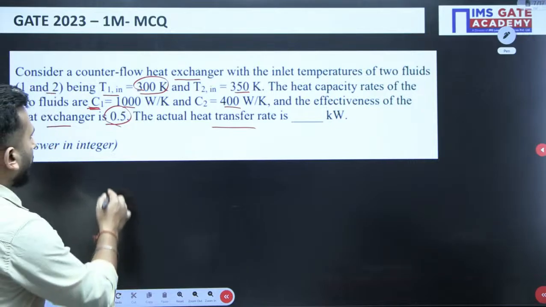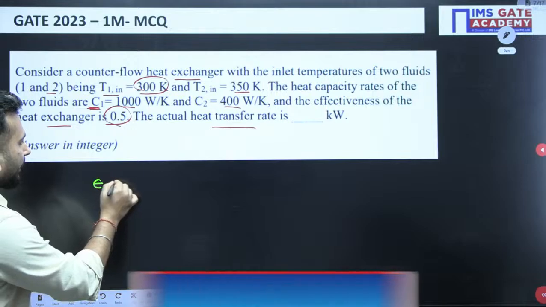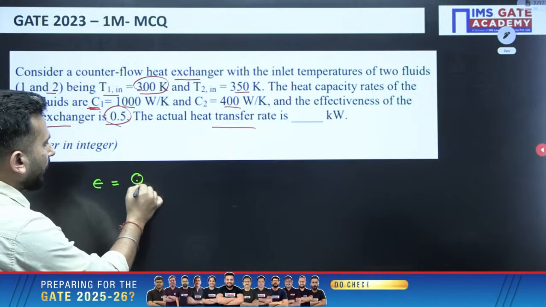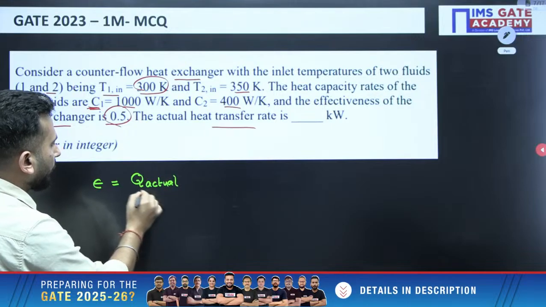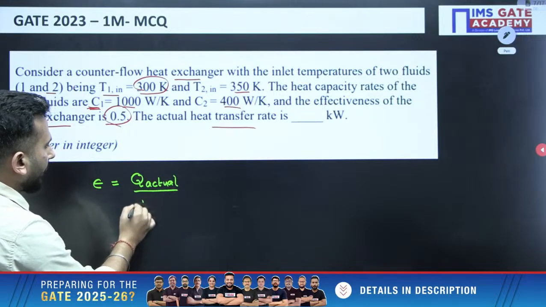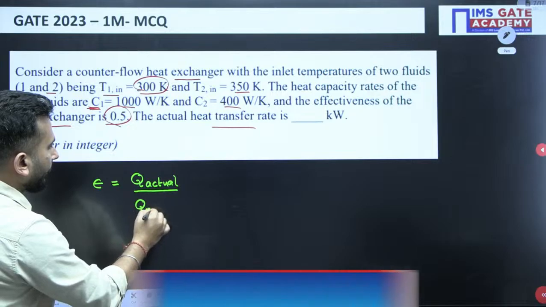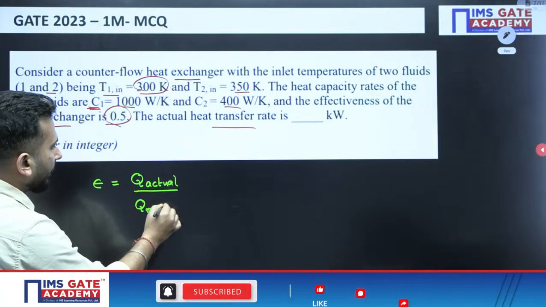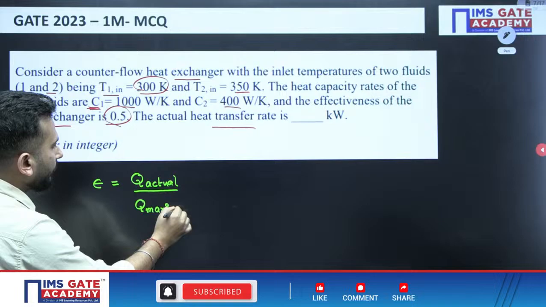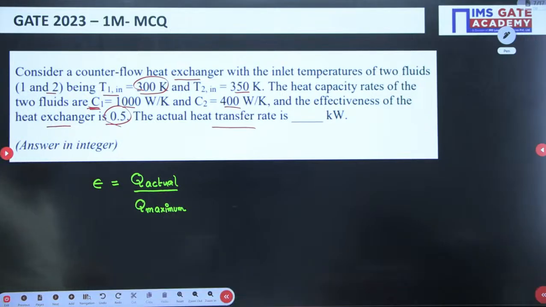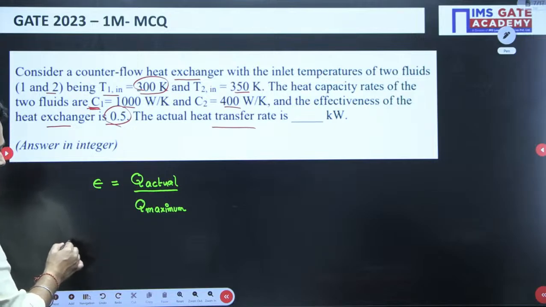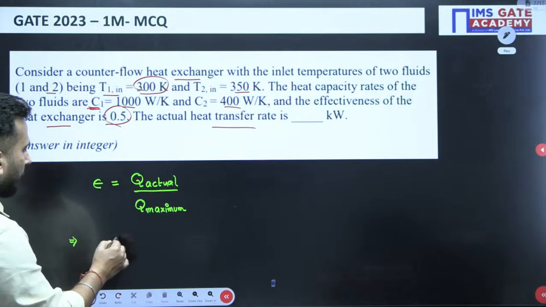So my dear friends, what is effectiveness? Effectiveness is nothing but the actual heat transfer divided by the maximum heat transfer. Actual by maximum. So what is actual?